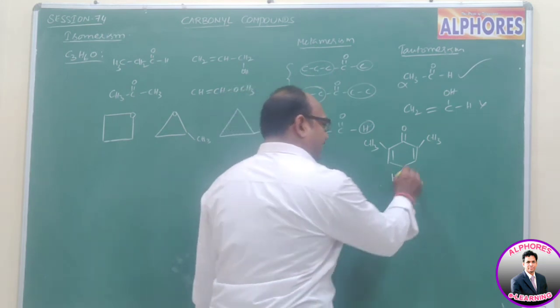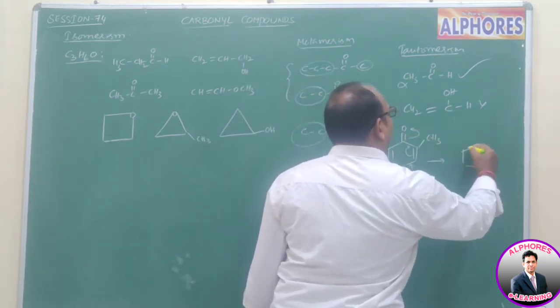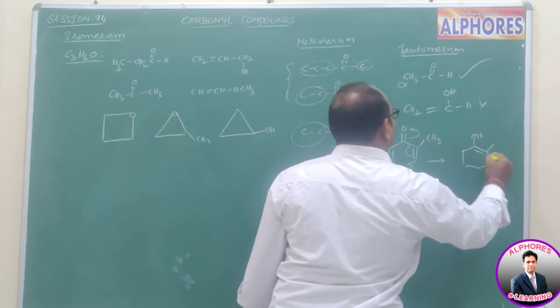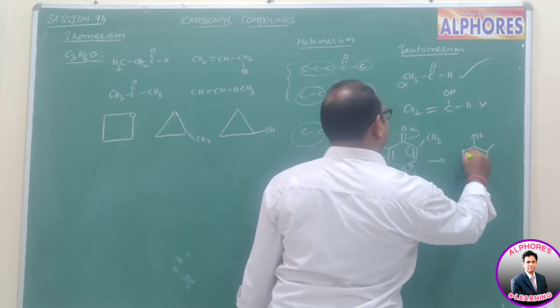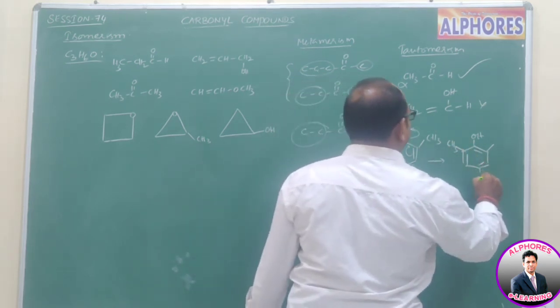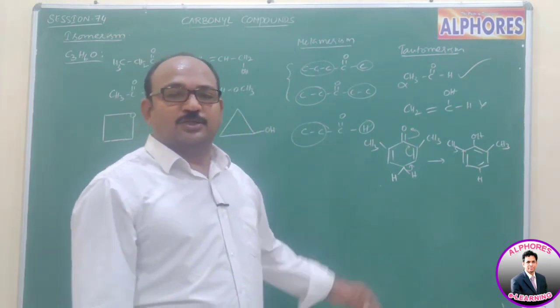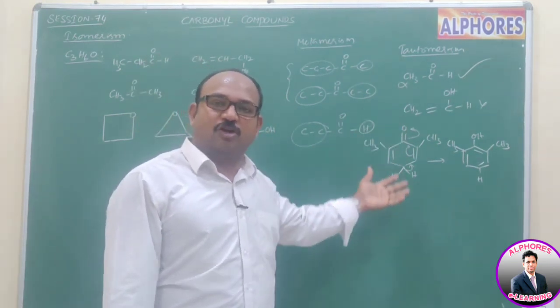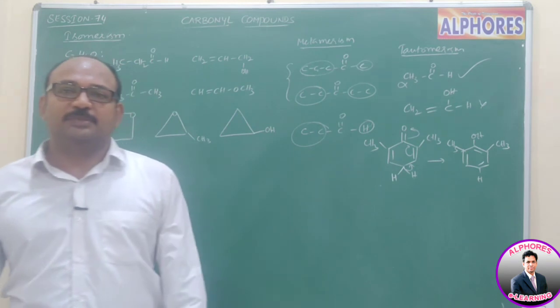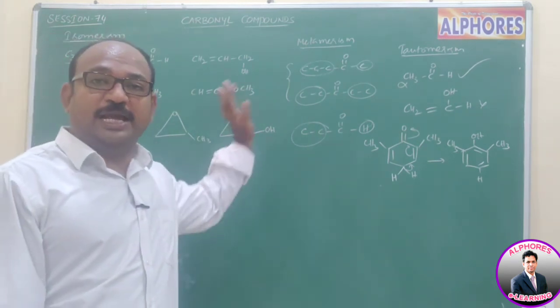But in such a case, enolization is possible, even though here enolization is possible. Like this. So enolization, extended conjugation also possible. That also we need to verify. And regarding isomerism, this much.